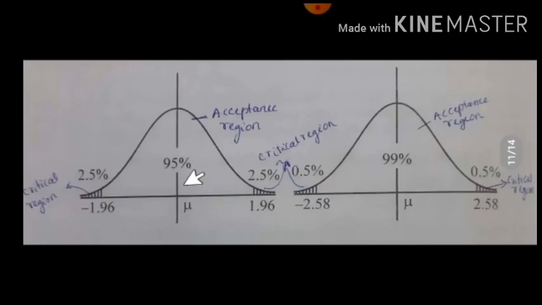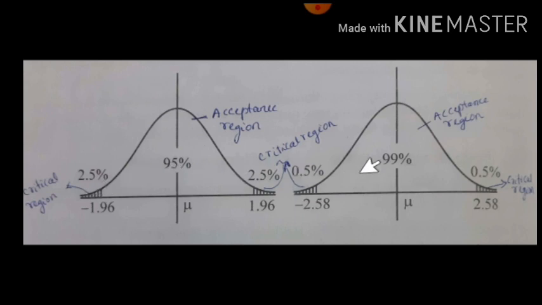Now let me explain it with the normal graph. When I take a normal graph, since the population is normally distributed, if I am rejecting 5%, here it is 2.5 and on the left side it is 2.5. So 95% is confident. The area where you are rejecting the hypothesis is called the critical region. The shaded part is the critical region.